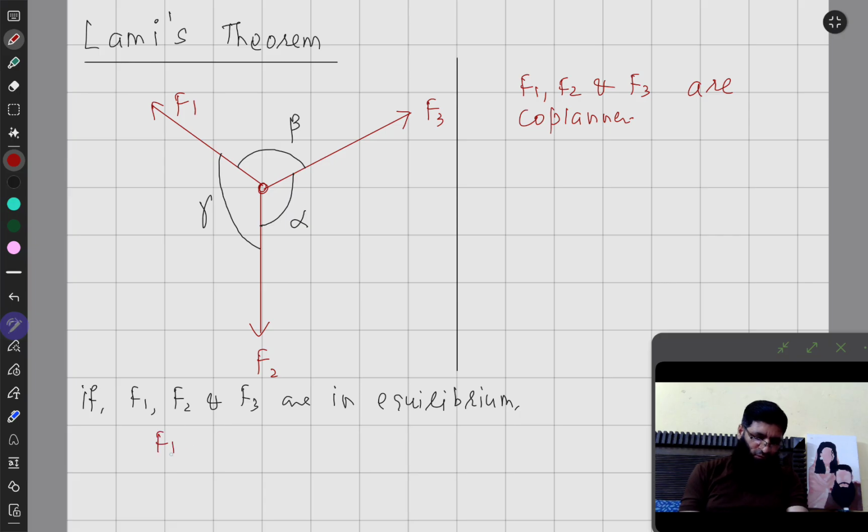You can have F1 over sine alpha is equal to F2 over sine beta is equal to F3 over sine gamma. This is called Lami's theorem, and this is a very useful theorem, especially when you have three forces in the state of equilibrium. You can use this formula for this type of condition.